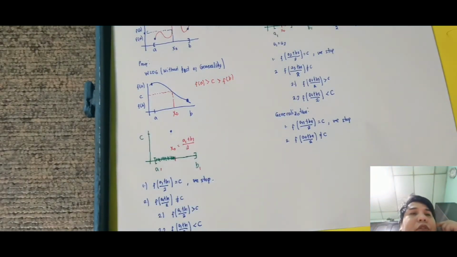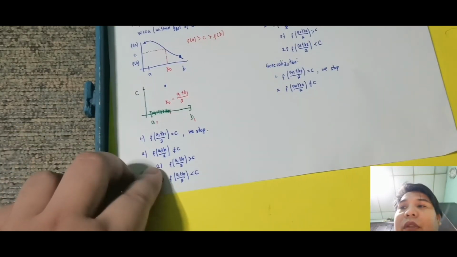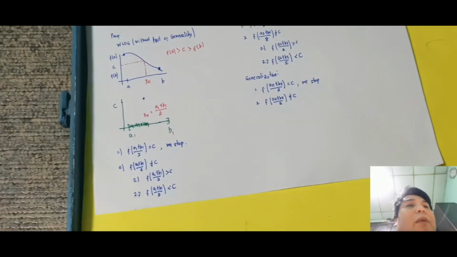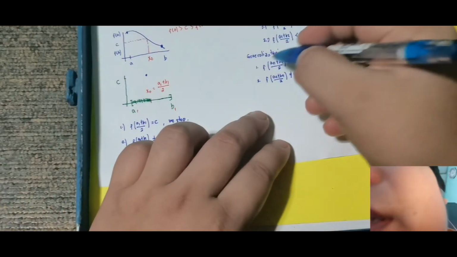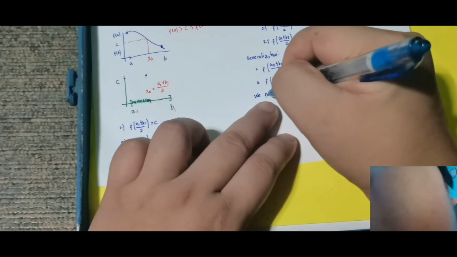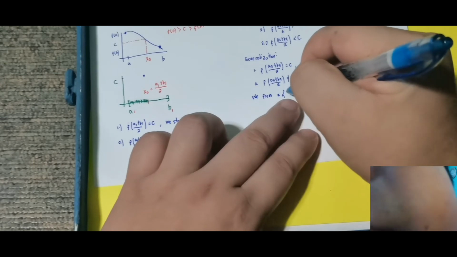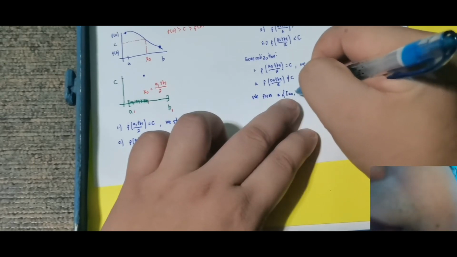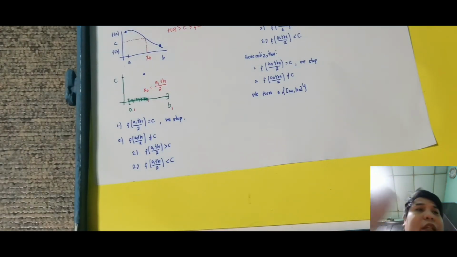So, ngayon, kung ganito yung nangyari, nakaka-form tayo ng ganito. Tama? Since gano'n yung nangyari, nakaka-form pala tayo ng sequence ng interval. So, we form a sequence of interval a sub n, b sub n. Okay, so ano yun? A sub 1, B sub 1, A sub 2, B sub 2.